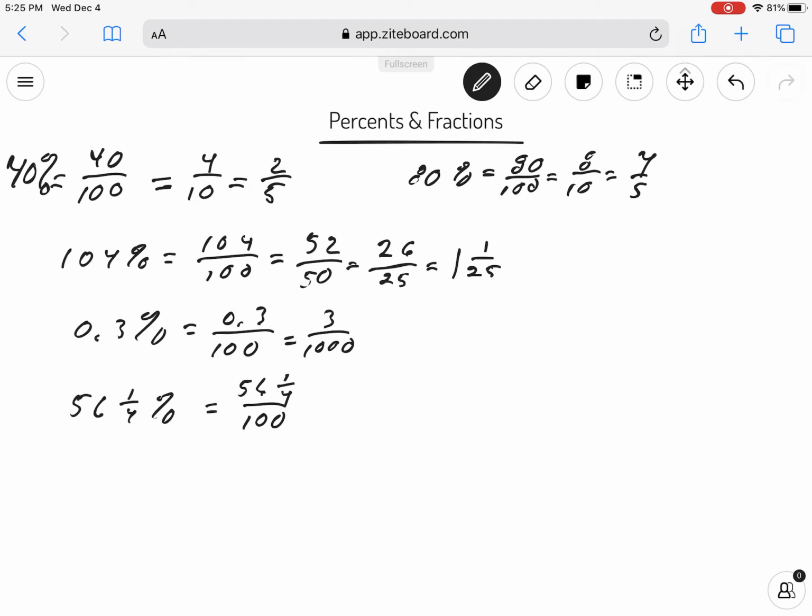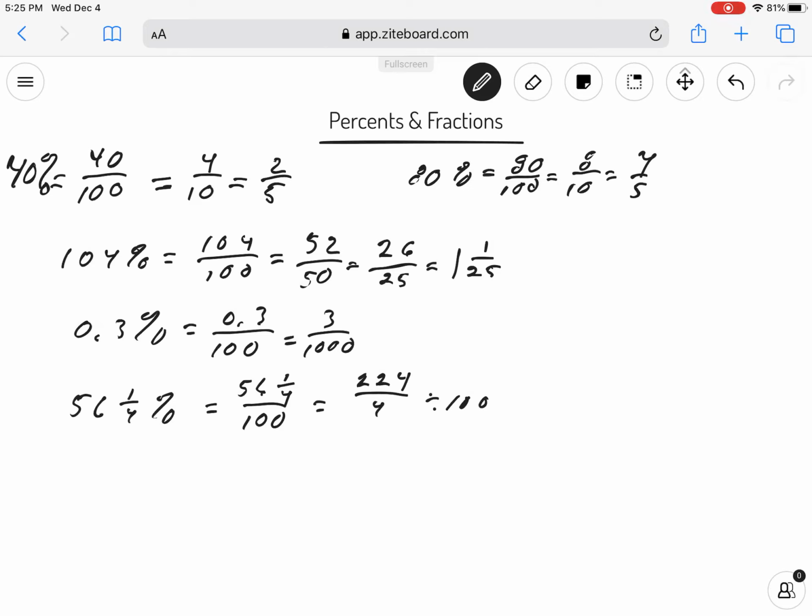So 56 and 1/4, if I multiply 56 times 4, I get 224 plus the 1 in the numerator, so that is 225 over 4. And I divide that by 100, because that's what basically is going on there. I have 56 1/4 divided by 100.